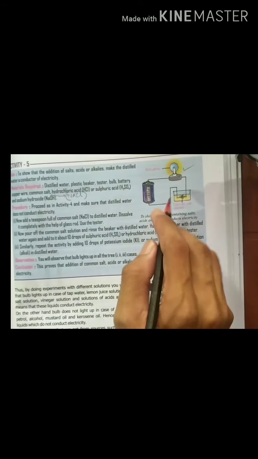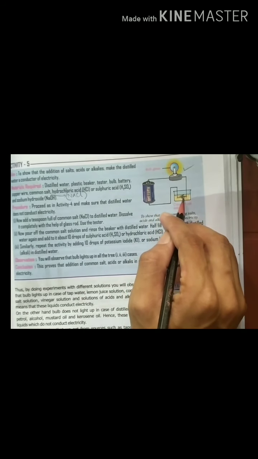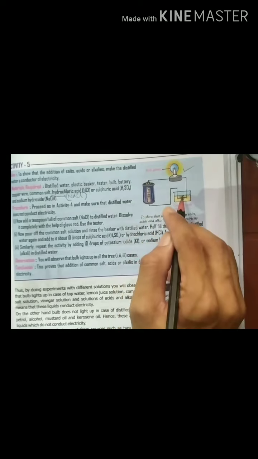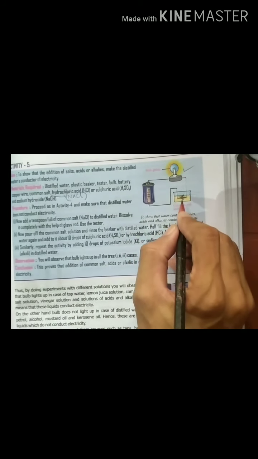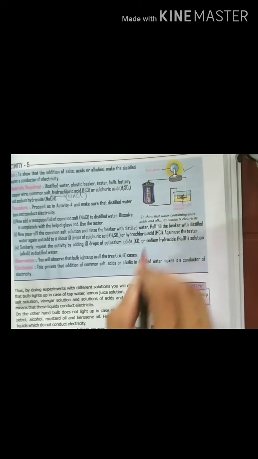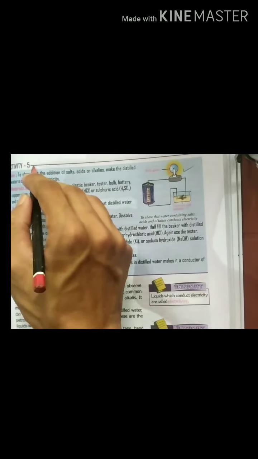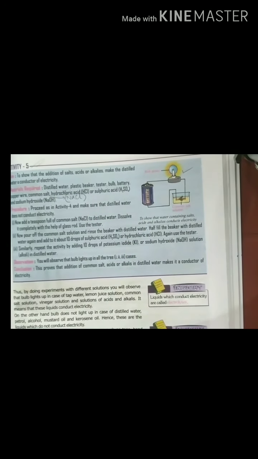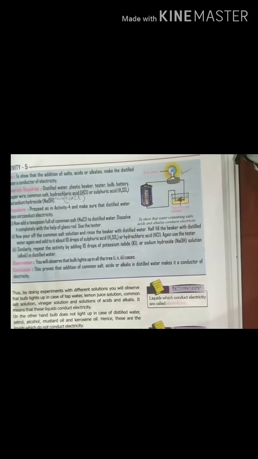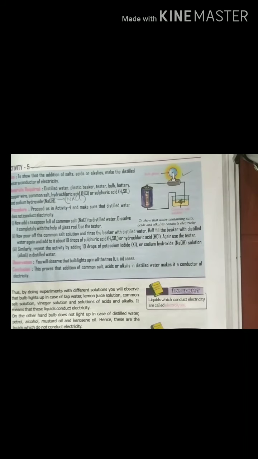That means the current in liquids flows with the help of the minerals. That is the important point of activity 5. Distilled water is a bad conductor, that is an insulator, and if you add various minerals, salts, acids or alkalis to it, then the current begins to flow.